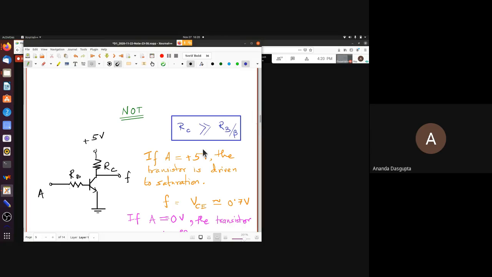Now notice this condition here. If you remember your transistor biasing, this is exactly opposite to the condition you would want to keep the transistor in active region. In other words, notice that when A is high, then A is plus 5 volts. This is also at plus 5 volts. So both this end and this end start at the same voltage. In that case, there will be a current through the base, there will be a current through the collector.